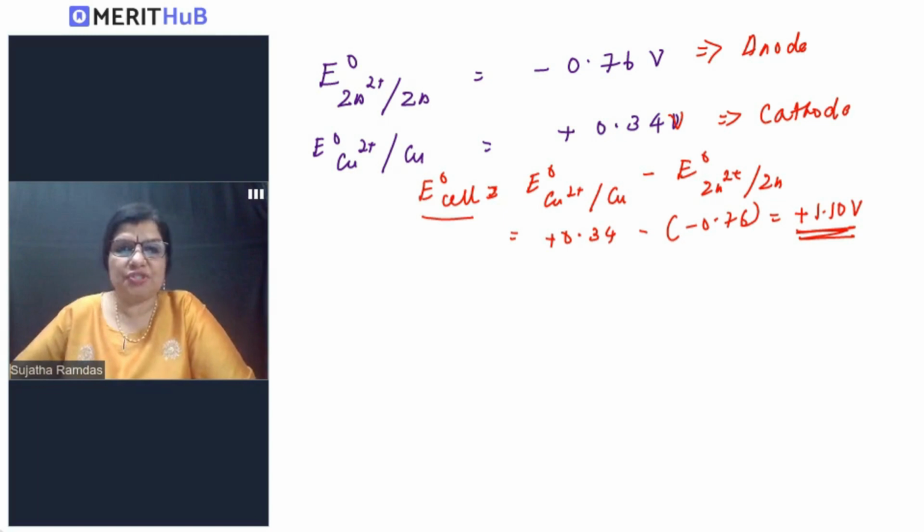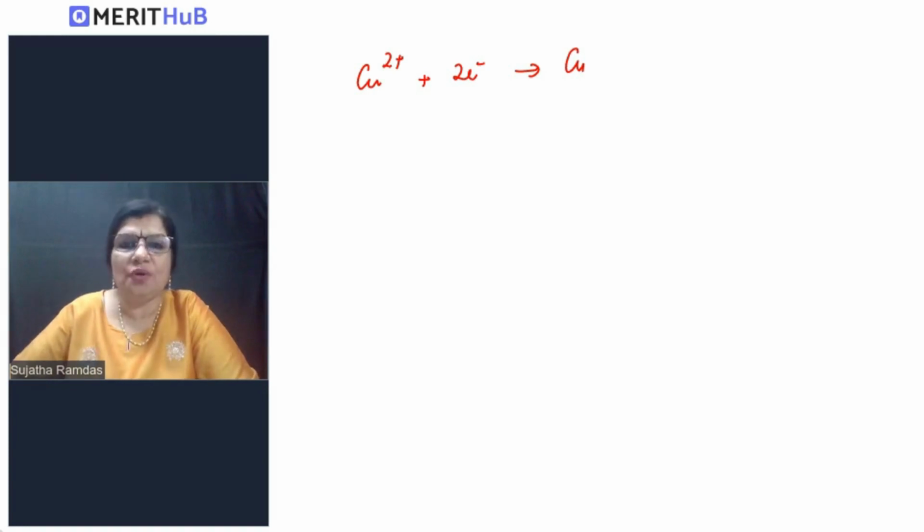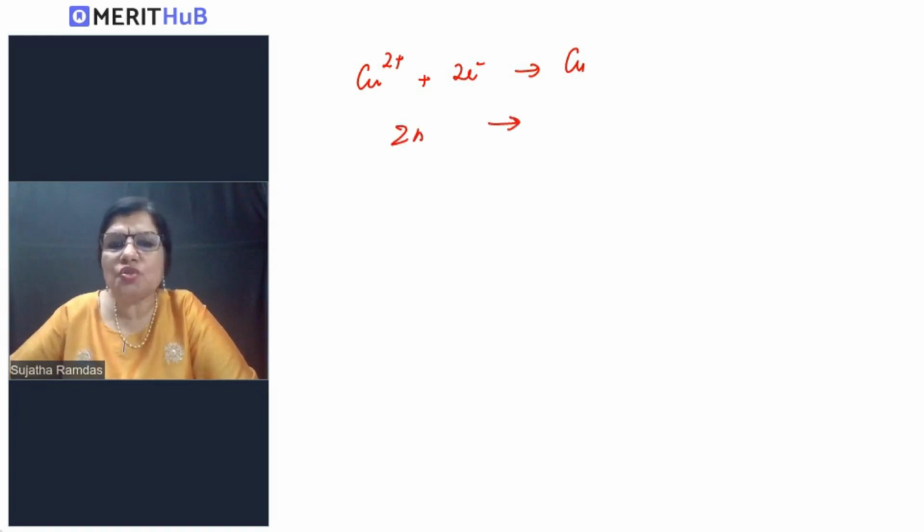Before we change the concentrations, let's write down the overall reaction on a different board. Since the copper half cell acts as the cathode, the equation is Cu2+ plus 2 electrons giving copper. Since the zinc half cell acts as the anode, zinc loses 2 electrons to give Zn2+.